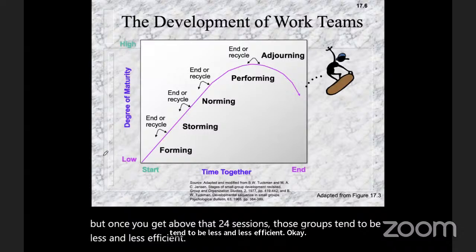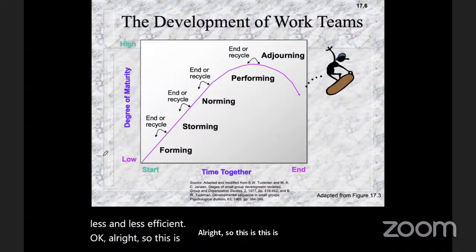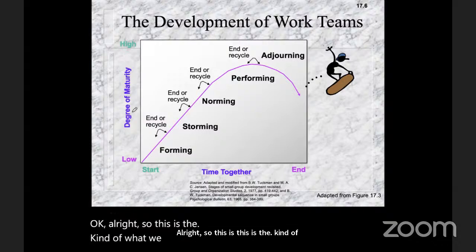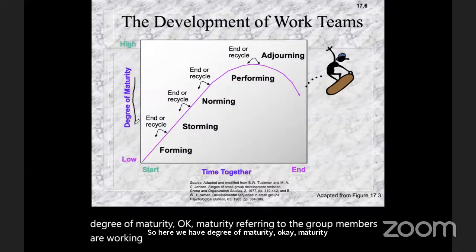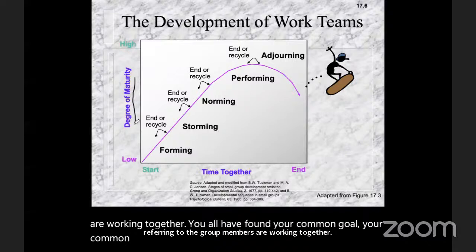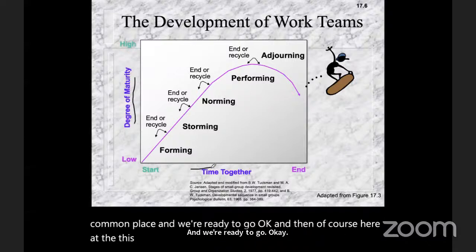All right, so this is kind of what we were talking about. Here we have degree of maturity, maturity referring to the group members working together. You all have found your common goal, your common place, and we're ready to go. And then of course here we have time to end.